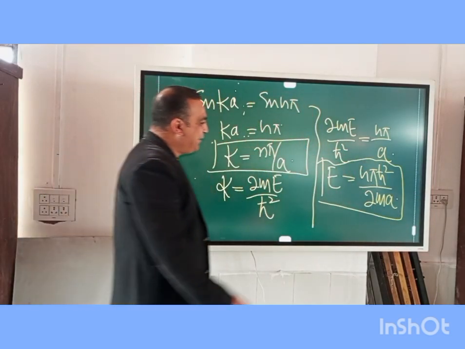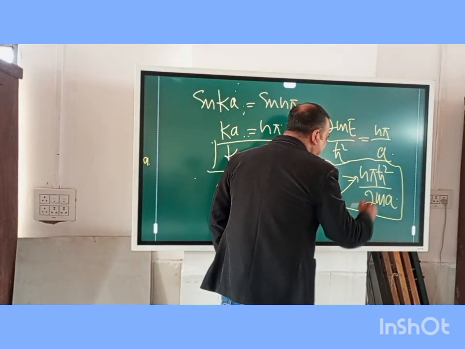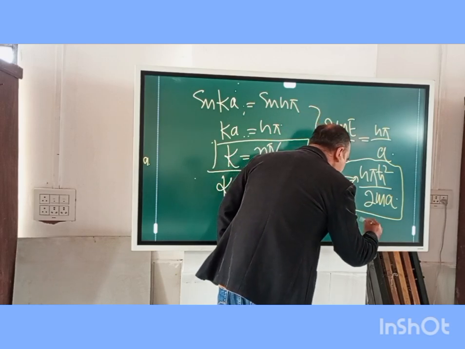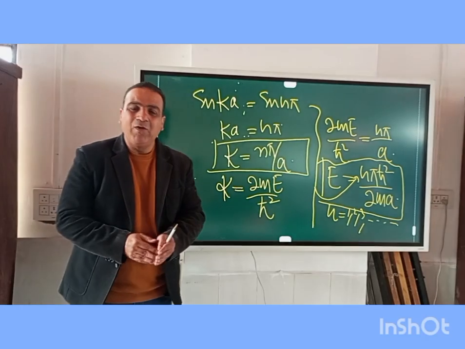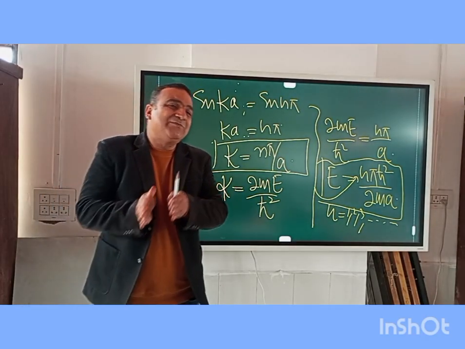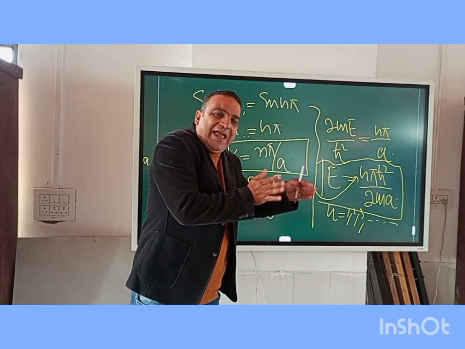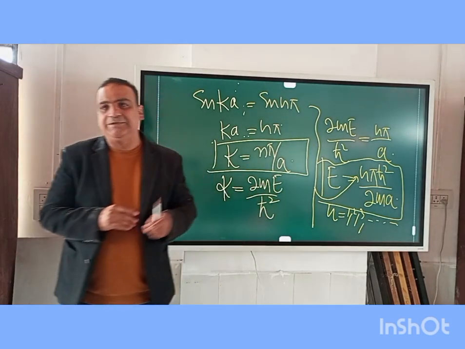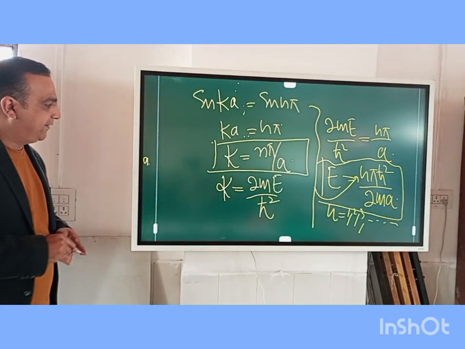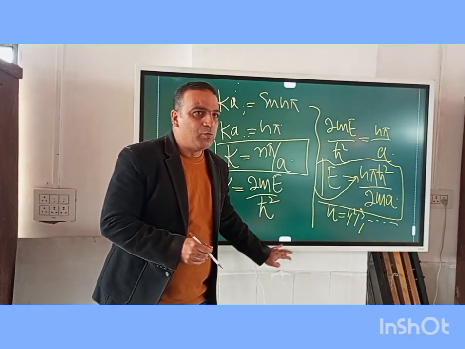The point is that your E is dependent on n, and n can be 1, 2, 3, and so on and so forth. So the particle can have only some specific values of energy. It cannot have all possible values of energy. Clear? Okay. So now let's move on.